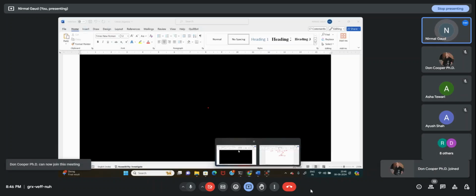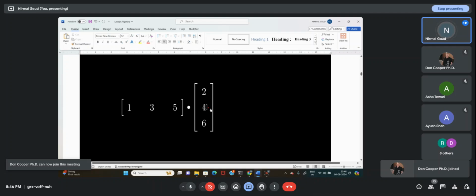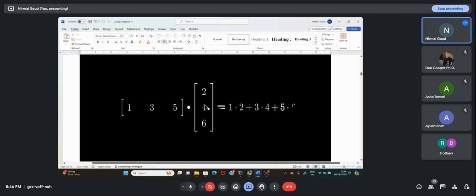Here you can see 1 3 5 is one of the vectors, and 2 4 6 is another vector. And here is the dot product. The result is 44. But you have to see the orientation, how these vectors are represented. One is in row and one is in column major.